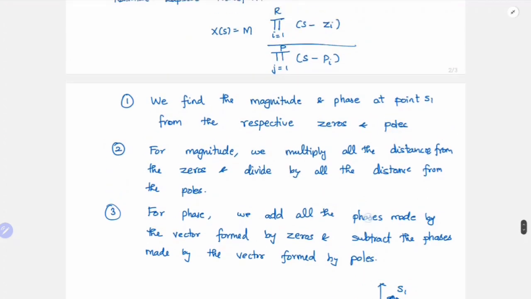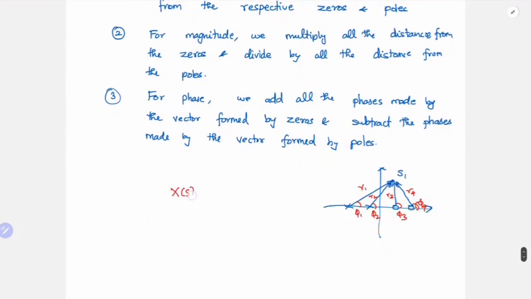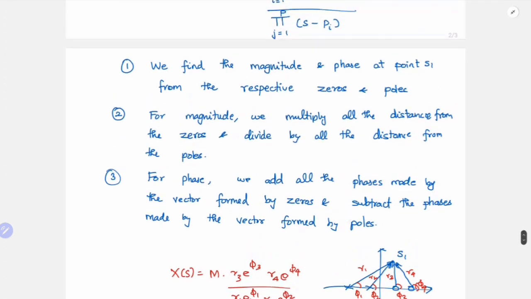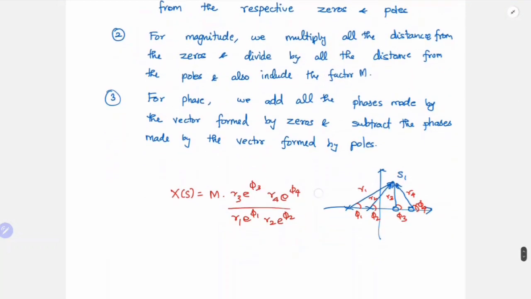So X of s can be written as M into R3 e power j phi 3 into R4, sorry, it is zeros, right? So R3 and R4 are zeros. R4 e power j phi 4 divided by R1 and R2, which are poles, R1 e power j phi 1, R2 e power j phi 2. And we also need to multiply by the factor M.